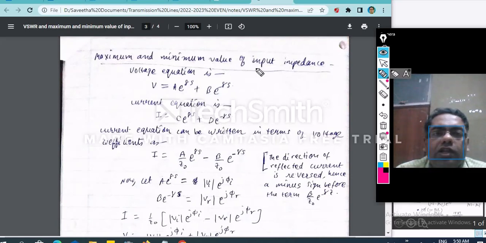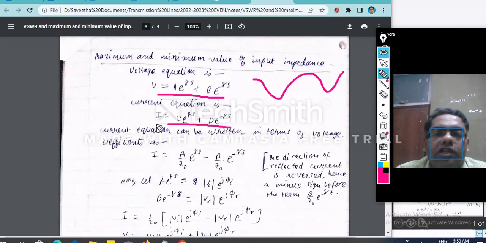We know that the input impedance along the length of the transmission line is a periodic function. So we have to find out when it is maximum and when it is minimum. We know that the voltage can be written in this form and the current equation in this form.